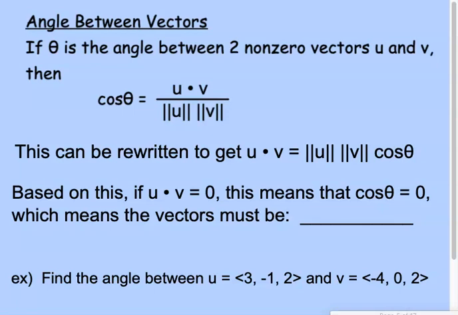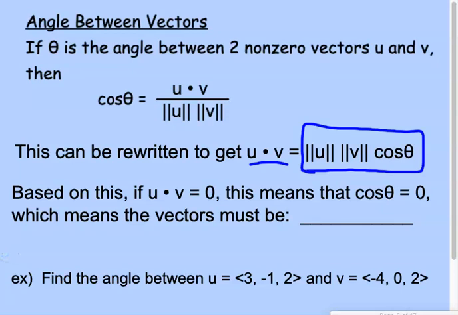Because of this, it actually gives you a new definition for dot product. We could rewrite this to say the dot product of U and V is equal to the product of their magnitudes times the cosine of the angle between them. So it becomes an alternate definition for dot product.